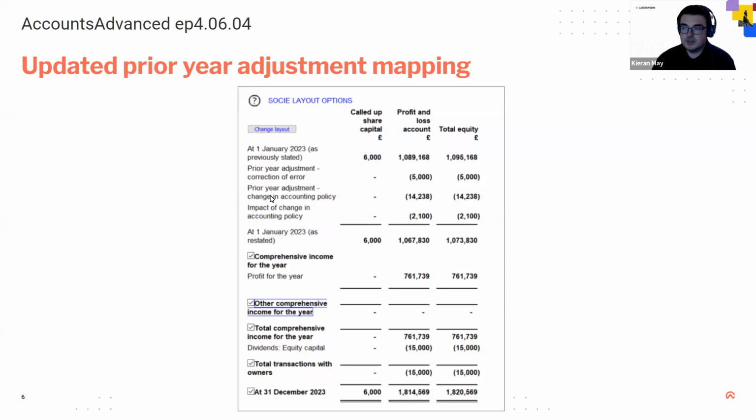The prior year adjustment in respect of change in accounting policy, so that's the restatement option, that's coming through from H03.49.0051. And then finally, the impact of change in accounting policy, that's the H03.49.0061 option there. It's just a little bit of an update on how that's going to display within your statement of changes in equity.